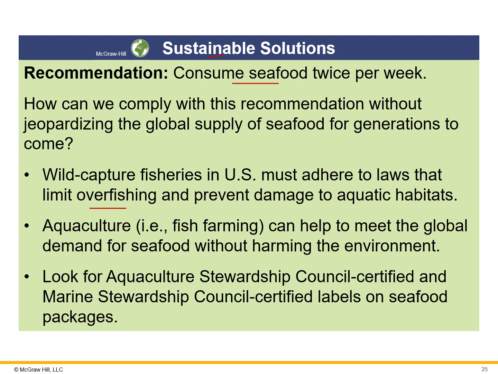So here are some ways to get your fish in per week, but also not harm the industry. Use aquaculture, which is just fish farming, so getting fish from those farms instead of from the seas and the rivers. You can look for that aquaculture label to know that's where they're coming from.